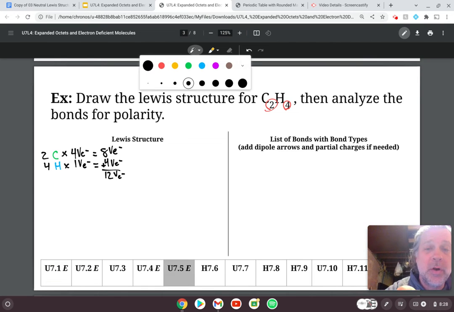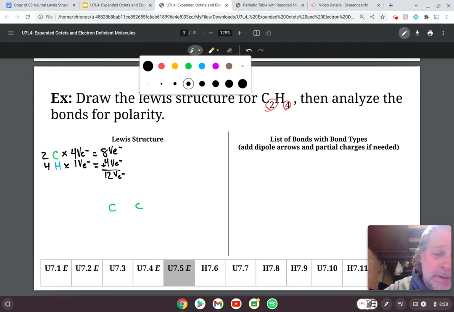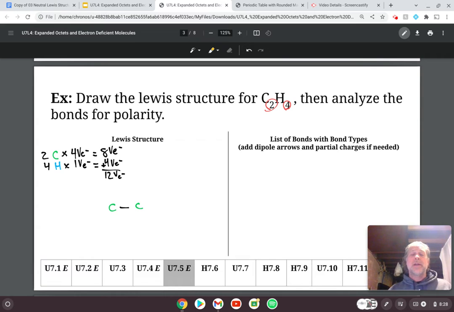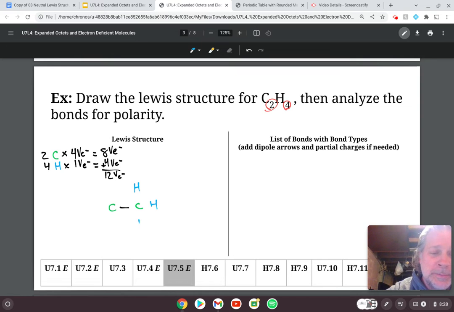Now I'm going to go ahead and grab the carbons and put them in the middle. So I'm going to put a carbon here, and I'm going to put a carbon here. And I'm going to bond them together first, so I'm going to add a bond. Then I'm going to spread my hydrogens out. I know that some of you are thinking to yourselves, well, we could do this and then like this.